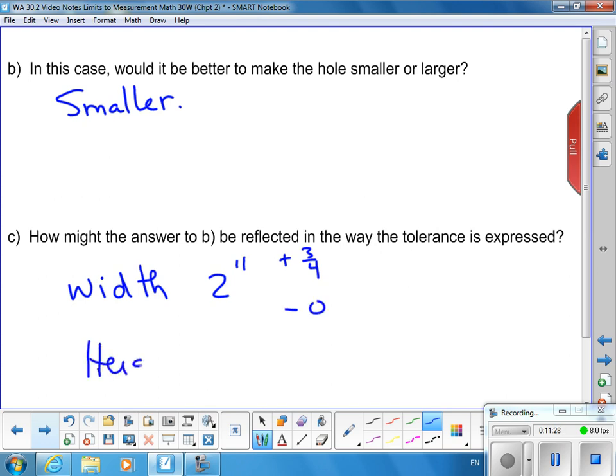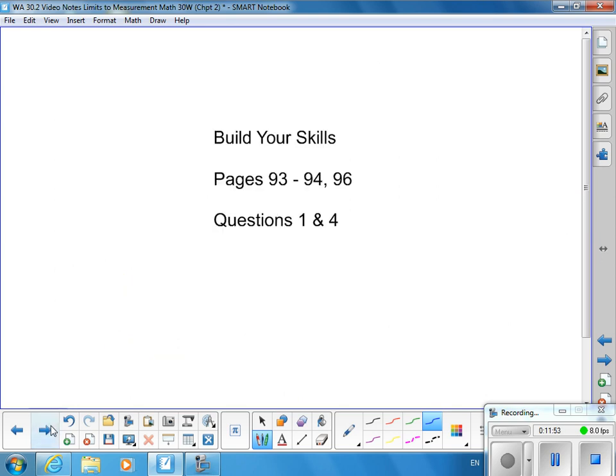And the height of your plate, you want to be 3 inches plus 1.5 inches, but not any smaller than that, or it'd be too tight. This emphasizes much better that the hole can be smaller rather than bigger. So you want it to be 2, maybe a little bit bigger, up to 2 3/4 of an inch, but you don't want it bigger than that.